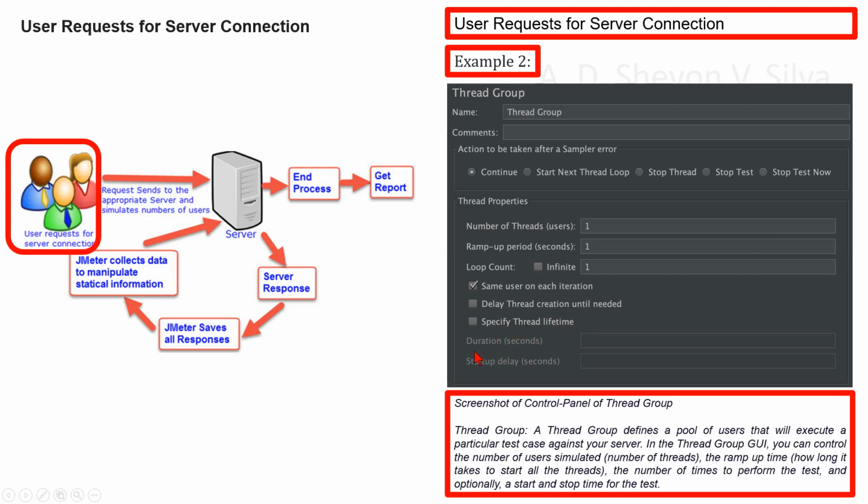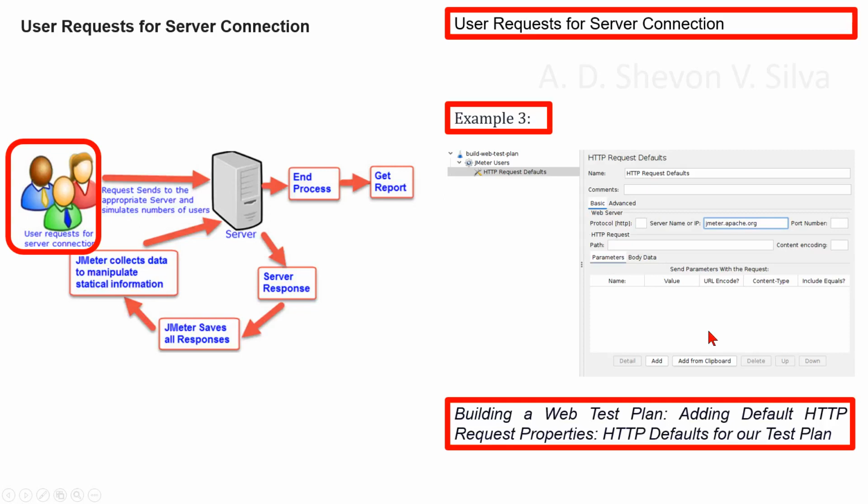And you can also see duration in seconds and startup delay in seconds here. Now we are considering adding default HTTP request properties in building a web test plan. Here you can see the HTTP defaults for our test plan.